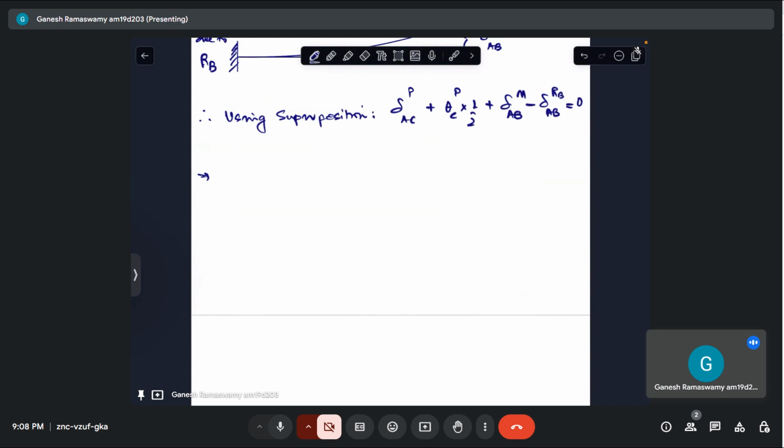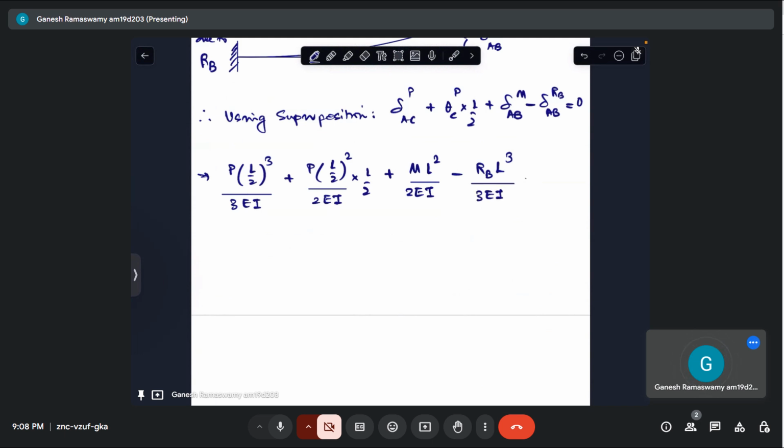So delta AC due to P is P into L by 2 whole cube by 3EI plus P into L by 2 whole squared by 2EI, which is theta C due to P, into L by 2, plus what is that due to moment? It is ML squared by 2EI. So ML squared by 2EI minus RB L cubed by 3EI equal to 0.